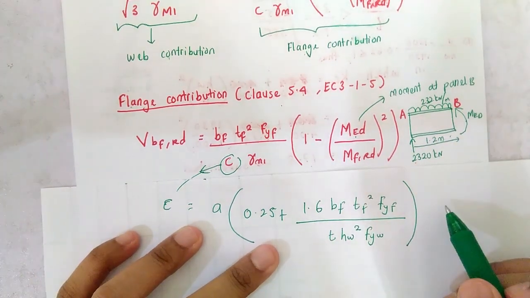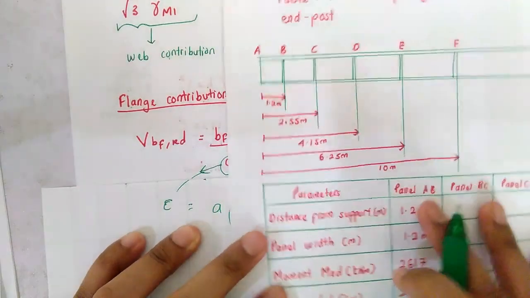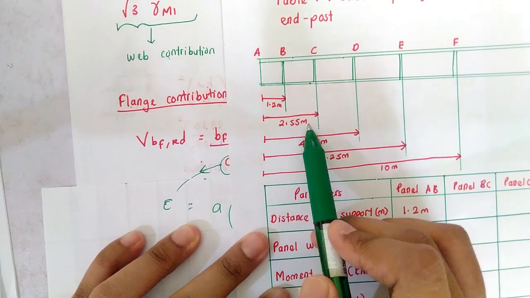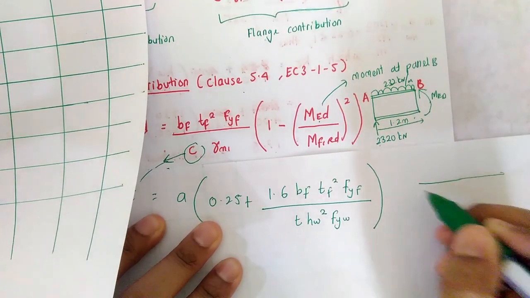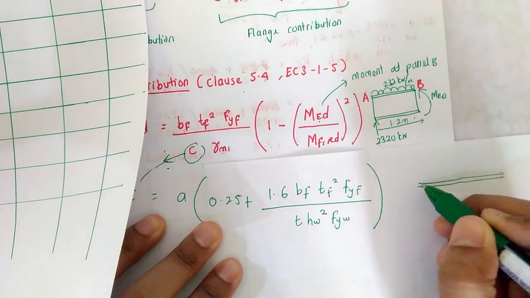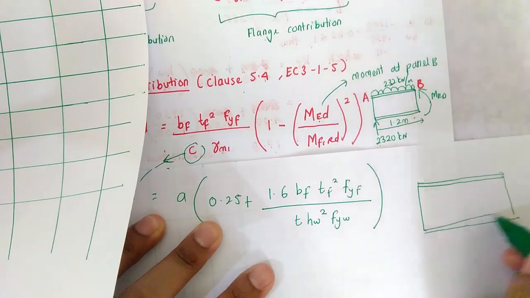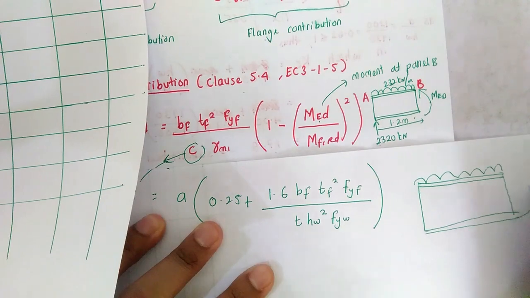So maybe you will ask, how about if you are calculating for panel BC? In that case the length is 2.55 meter, so your cutting section must be longer.